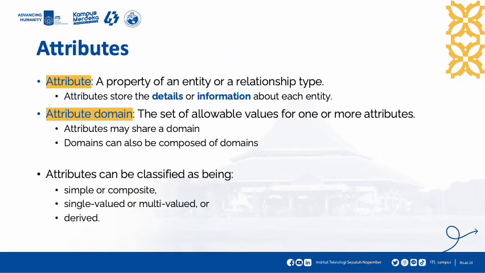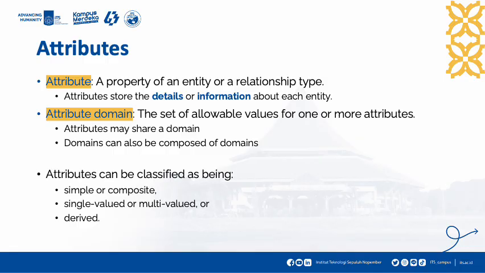Another basic concept of ER modeling is called attribute. I think you're already familiar with this term. An attribute is a property of an entity or a relationship type. Usually an attribute stores the detail or information about each entity. There's also attribute domain, a set of allowable values for one or more attributes.